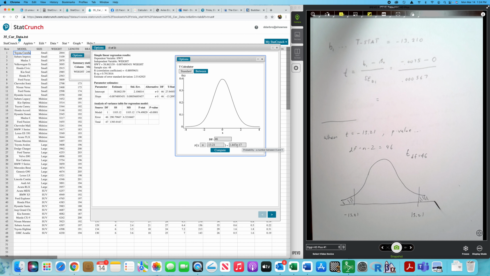This is in scientific notation, so the e to the negative 17 says I need to move the decimal place 17 places to the left. So you can imagine how small the number is. So the p-value here to 4 places would just be reported as 0.0000.